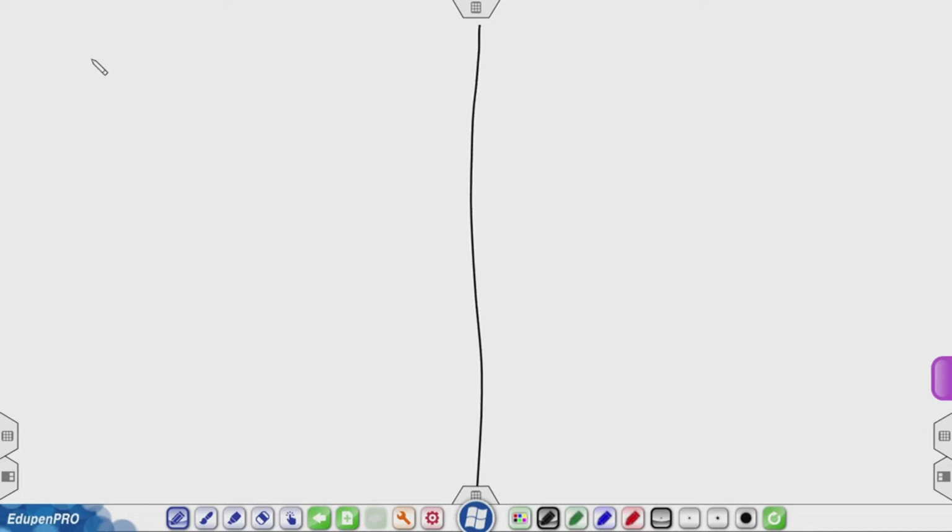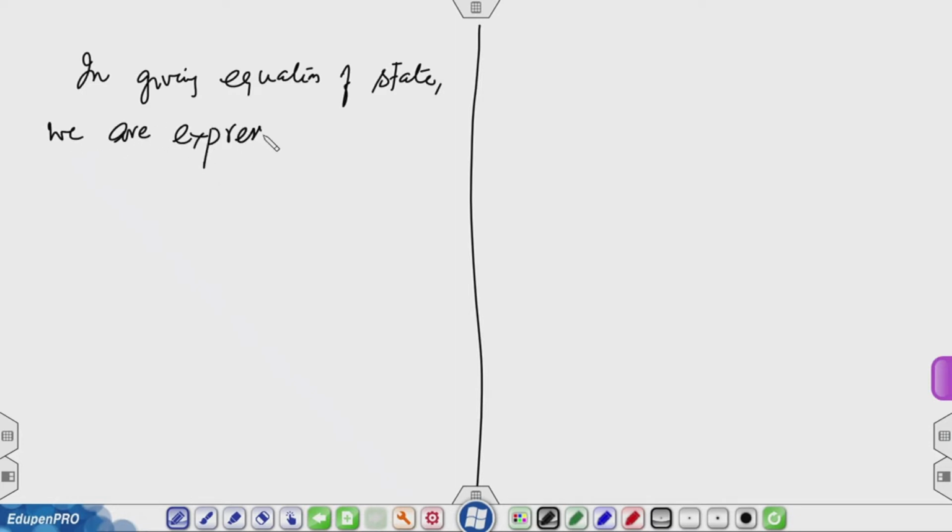So, in giving the equation of state, we are expressing one of the macroscopic variables in terms of others.